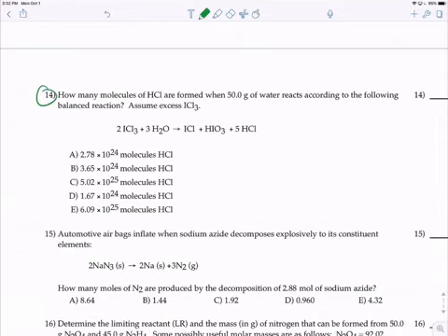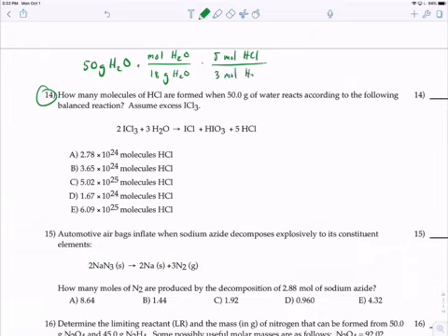The way you solve this one, 50 grams of water, same old dimensional analysis: mole water to 18 grams water, and then there are 5 moles HCl per 3 moles water, and then molecules. And so then there are 6.02 times 10 to the 23rd.